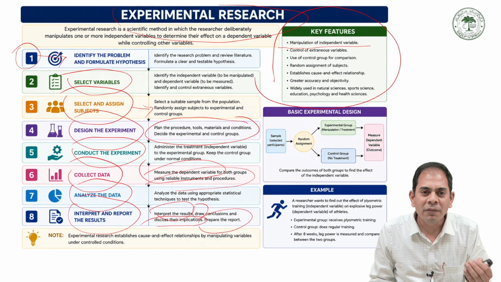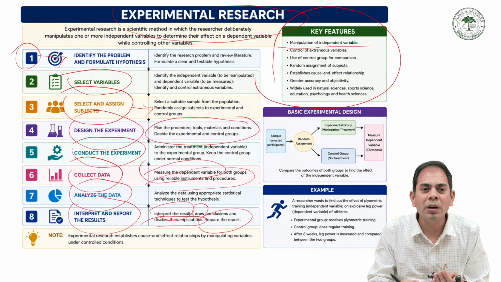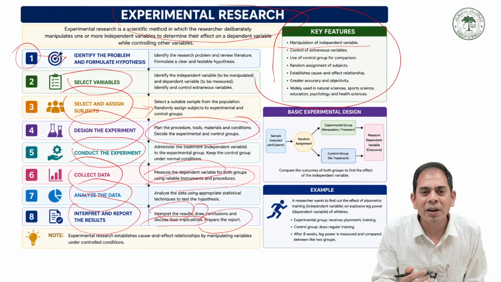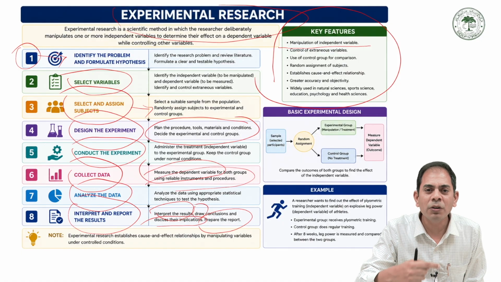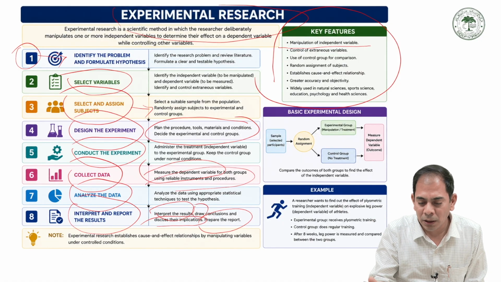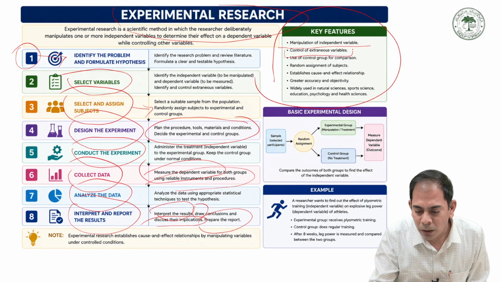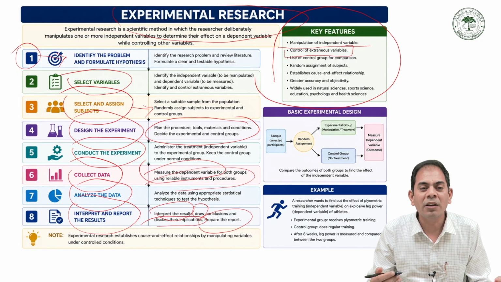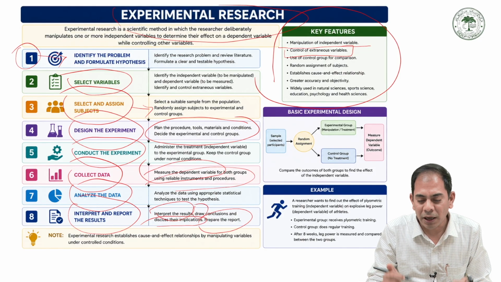Dependent variables are the output variables, and independent variables are those we can manipulate through the experimental protocol. So first we manipulate the independent variable and find out its effect on the dependent variables. The second key feature is control of extraneous variables. Many variables affect performance, so we should control them.